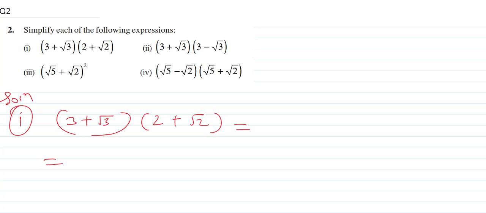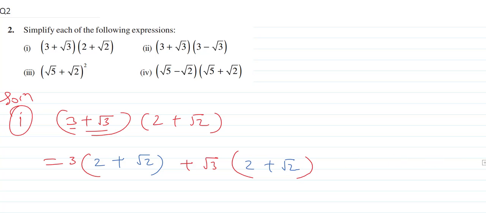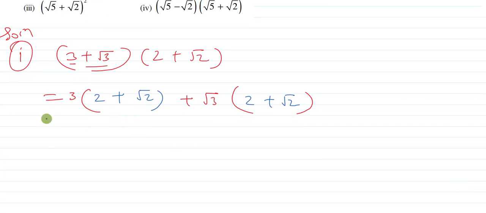I'll write here because the terms will be expanded. 3 into this bracket. In this way we are expanding every time. Now plus root 3 is there. Plus root 3, again the bracket, this one. That is 2 plus root 2. Now multiply 1 by 1.